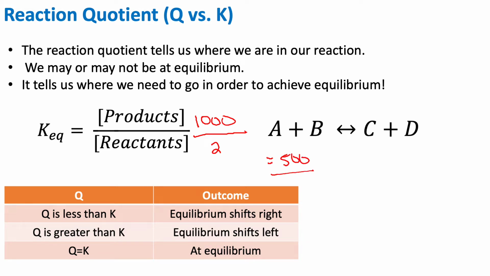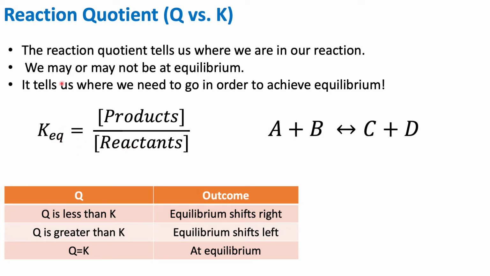That tells us that our products are favored. The same goes for if reactants are favored. If we have 1,000 on the bottom and 2 over here, we're going to have 1/500th. Now, that's a really small number. So that gives us a mathematical point of view of how when products are high, KEQ is large, but when reactants are high, KEQ is small.